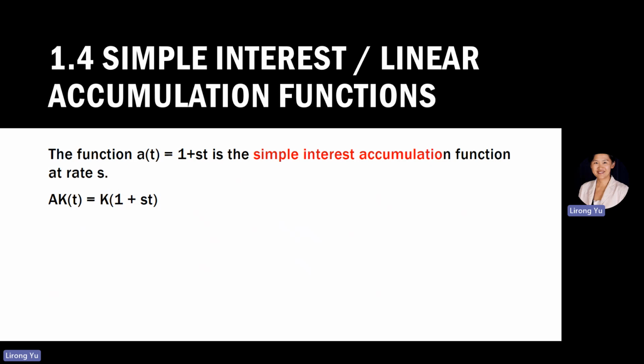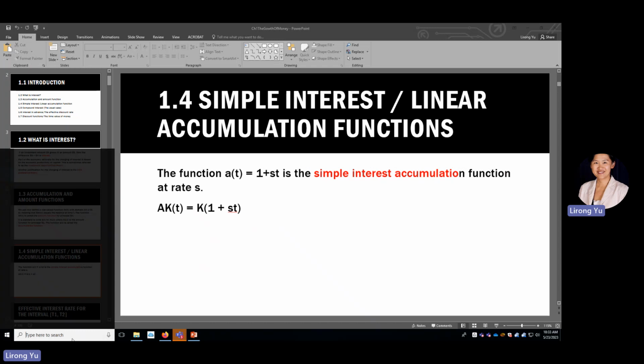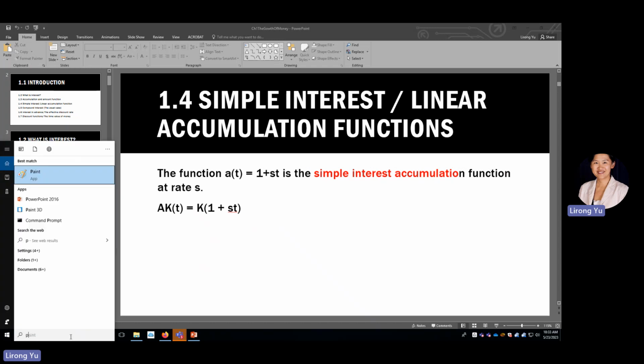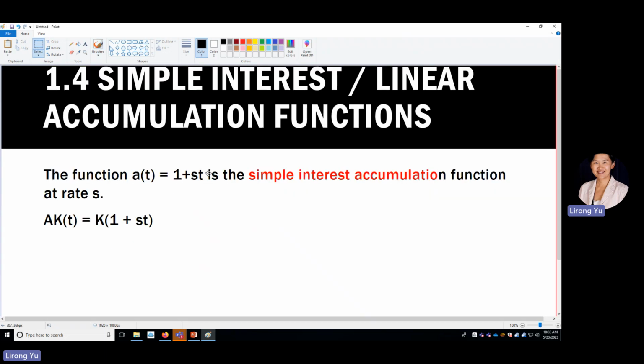Remember, the accumulation function starts with 1. So if you have a linear increase, when t equals 0 the value is 1, so lowercase a of 0 equals 1. Maybe we want to be able to write on it. I was trying to save some time by talking through the PowerPoint.